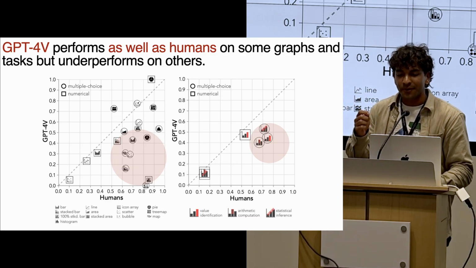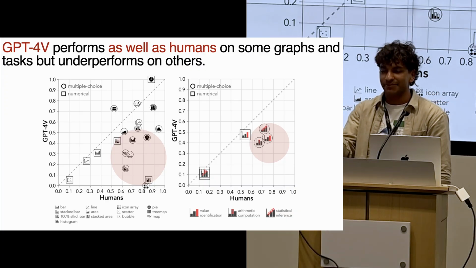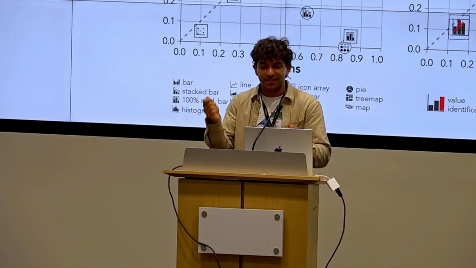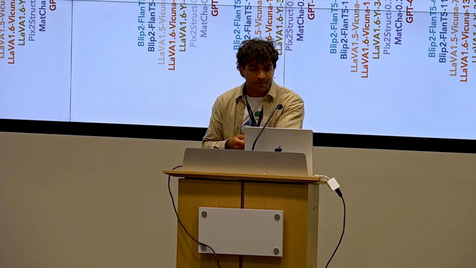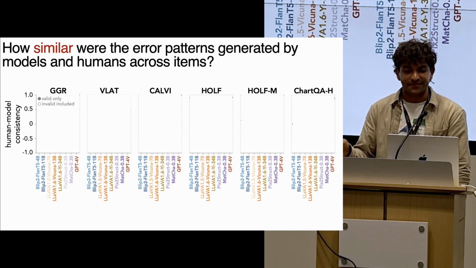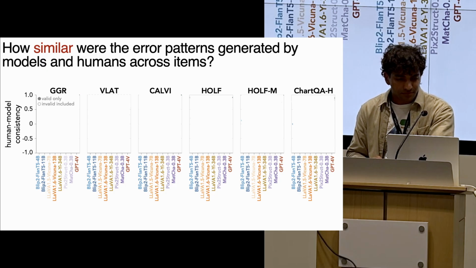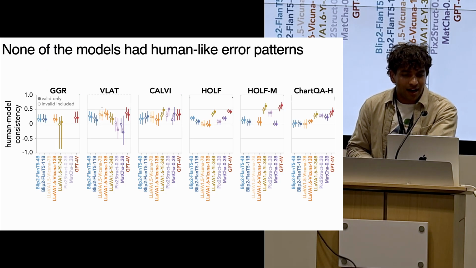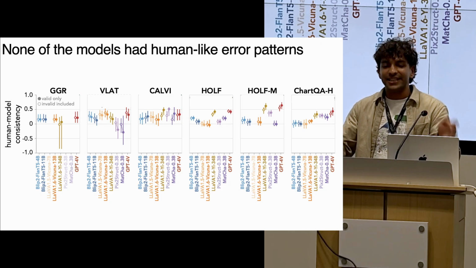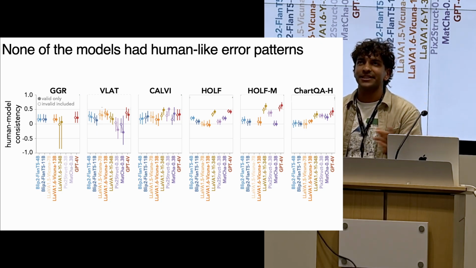And so what happens if we zoom in even further? Does this happen at the item level? How do models compare to humans across individual items themselves? To explore this, we compared the accuracy across each of the test items between both models and humans. And we noticed that the models that achieved similar performance didn't make similar errors, and most were only somewhat correlated with humans.